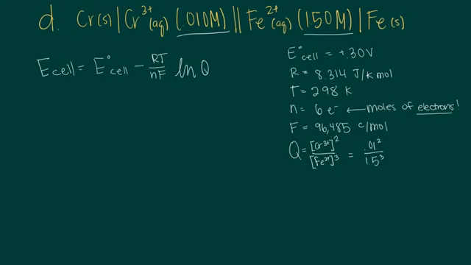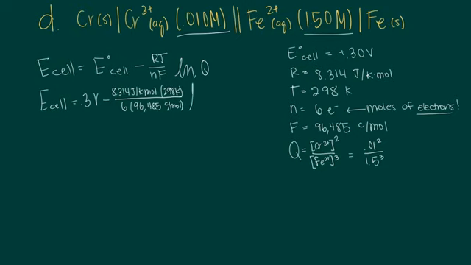So now that we know all of those, we can simply plug it into our equation. So E cell equals 0.3 volts minus R, which is 8.314 joules per Kelvin mole, times 298 Kelvin, all over the 6 electrons times 96,485 coulombs per mole.